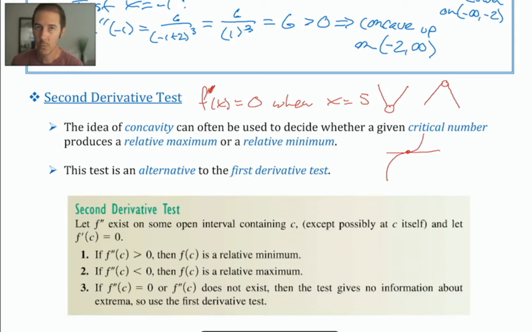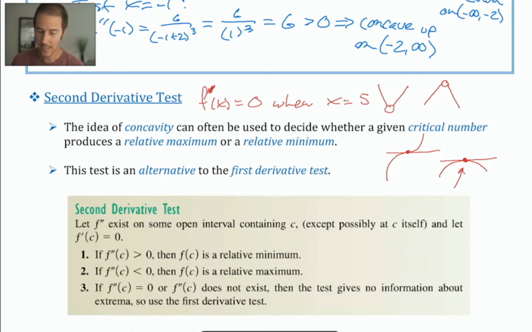Now we can use our second derivative test. If we know that at this point we have a horizontal tangent line, in other words, f prime is equal to 0 at that point, we take this x coordinate, we plug it into the second derivative, and if it turns out to be negative, we know that it's concave down.